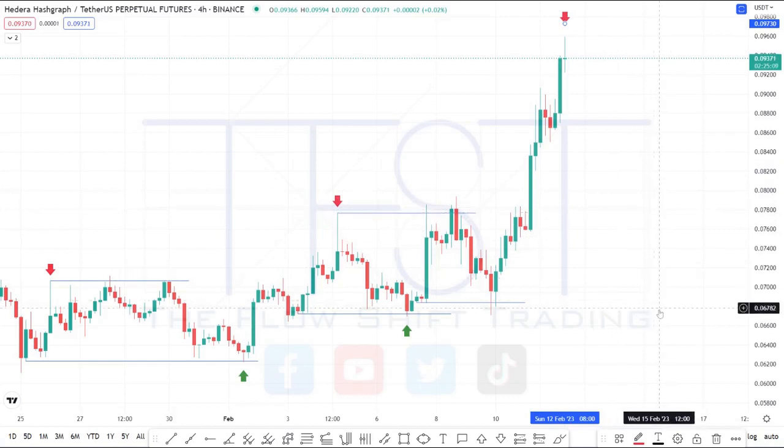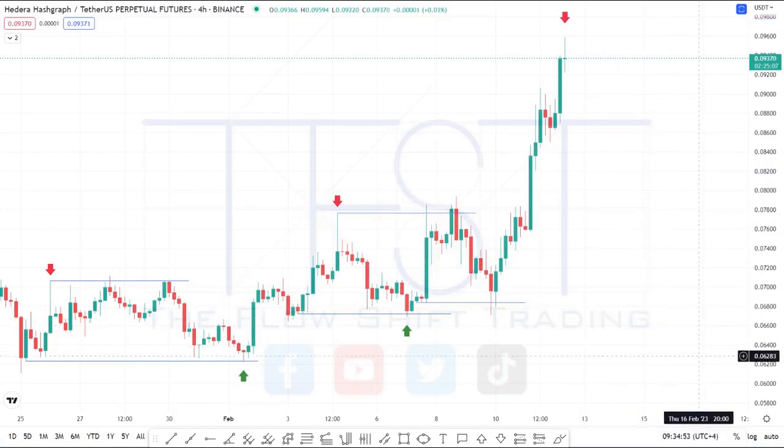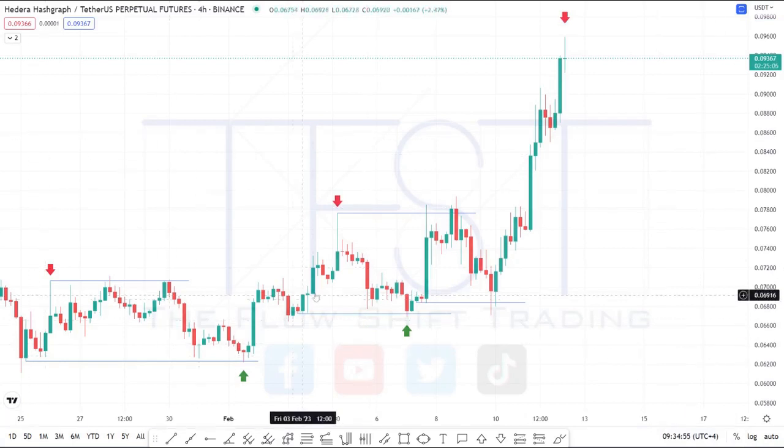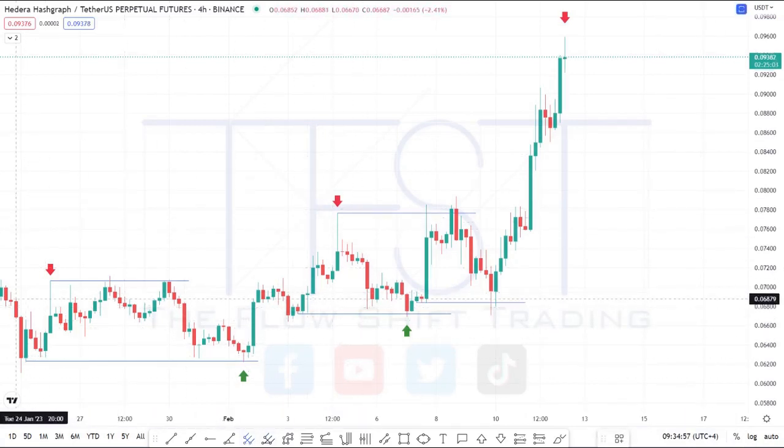All right. So here, of course, we have our very reliable tool, which is the Andrews pitchfork, based dito sa classical mechanics ng Newtonian laws of motion. So it identifies the probable exhaustion path and probable path ng price.